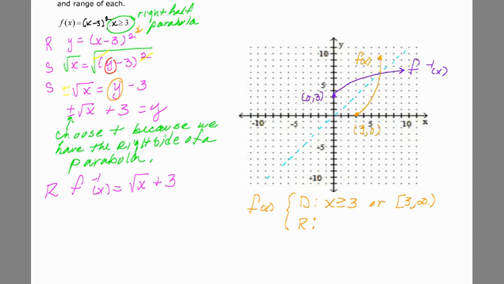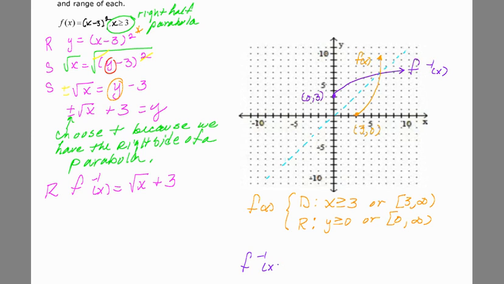Let's get the range for the orange function from the picture. So domain as I go left to right is 3 to infinity. The range as I go bottom to top is 0 to infinity. So I could say y greater than or equal to 0, or 0 to infinity.